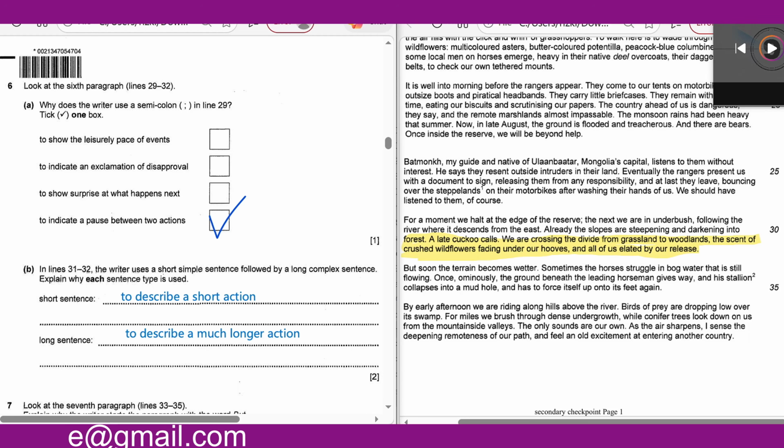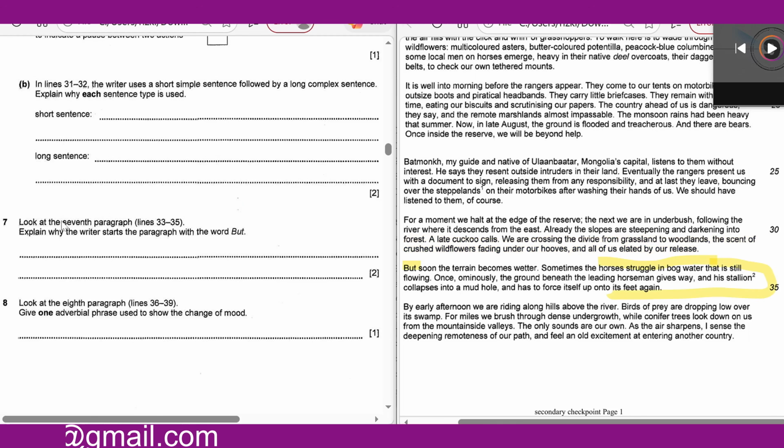Let's move on. Okay guys, number 7. Look at the second paragraph, lines 33 to 35 in the yellow section. Explain why the writer starts the paragraph with the word but. Okay, why do you think so? Let's check the answer.